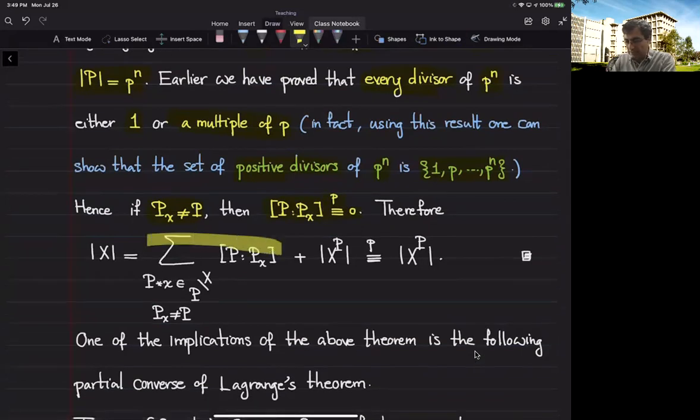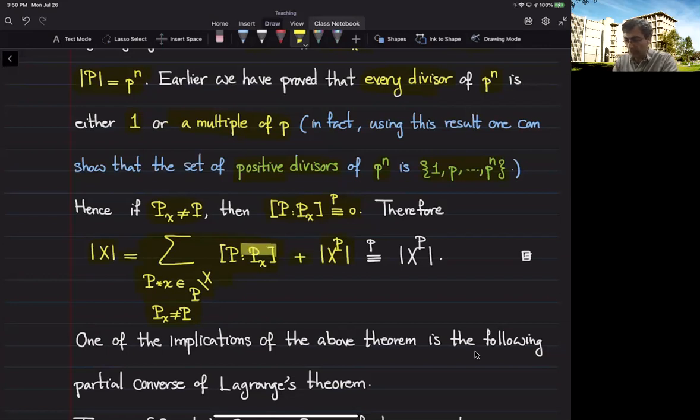So this means that all the terms in the first summation that we had earlier, the cardinality of x equal to this summation consisting of the index of the stabilizer subgroups of those points where the stabilizer subgroup is not the entire p, are all multiples of the prime number p, and the rest gives us the cardinality of fixed points of p.